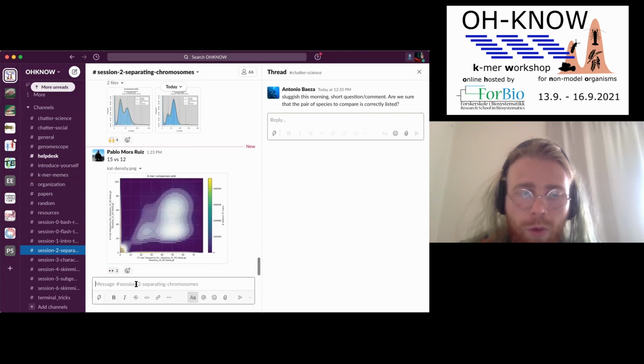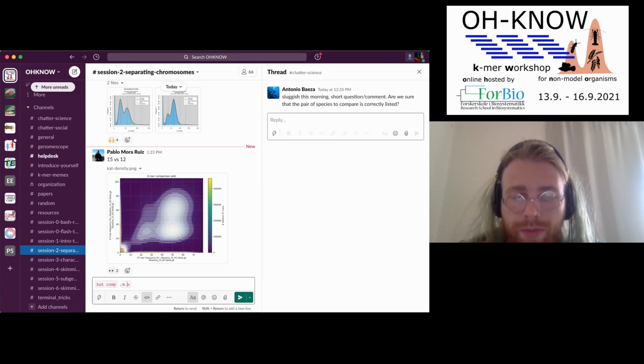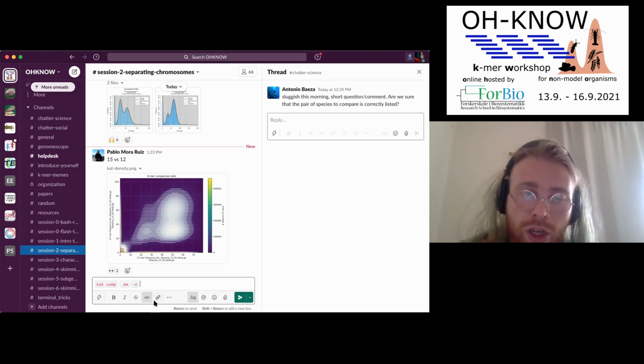So if you do this cat command, it's just something that generates a matrix file, and if you also give it some sort of arguments, it also generates the plots. And the argument we were giving it is n, which generates this kind of plot.